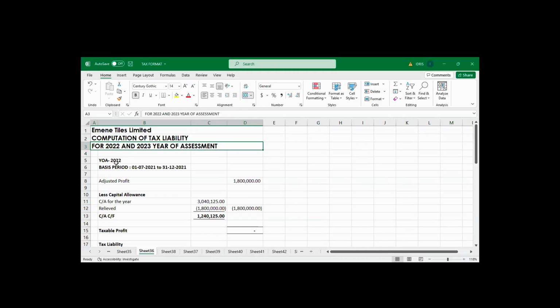The first year of the post-pioneer period, year of assessment 2022, the basis period, like I explained earlier, is 1st January 2021 to 31st December 2021. What is the adjusted profit based on these 6 months? In the question, what is the adjusted profit for this period?